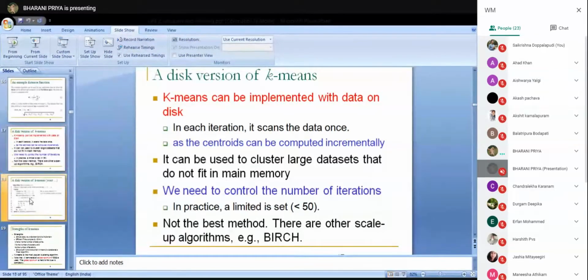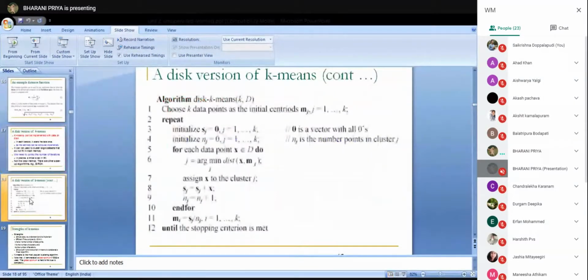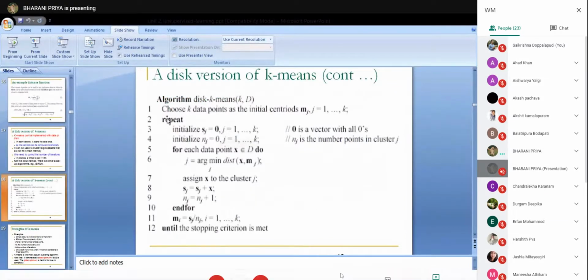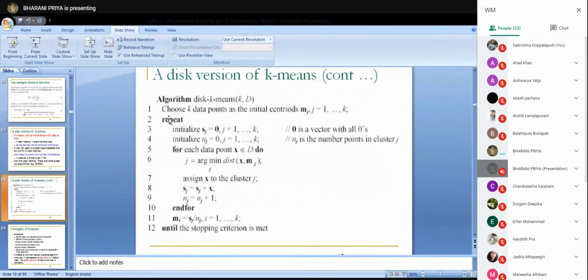Yes, you have studied. So Birch algorithm comes under which clustering technique? Hierarchical clustering.